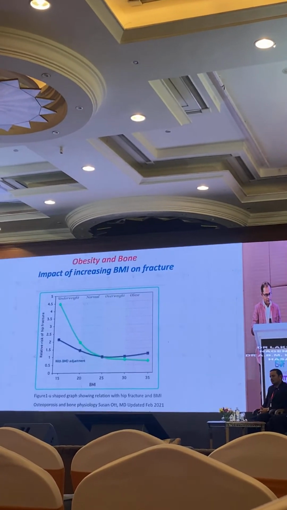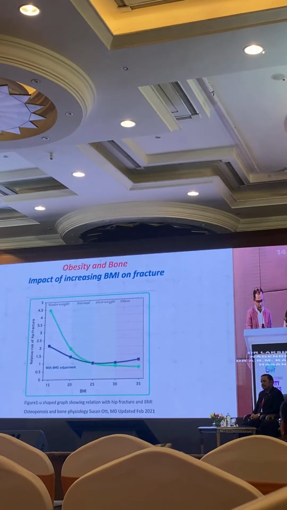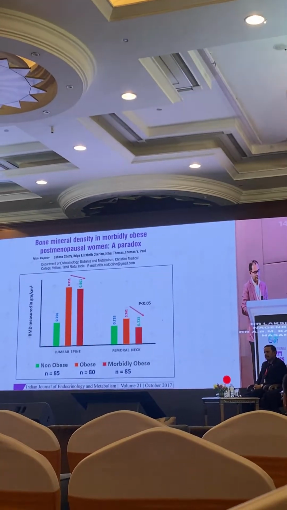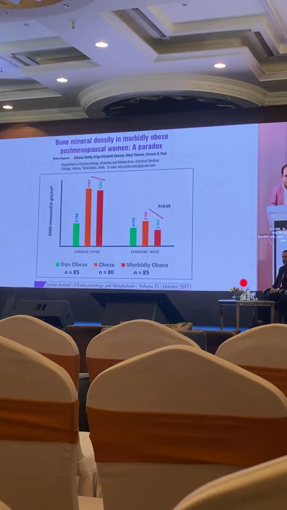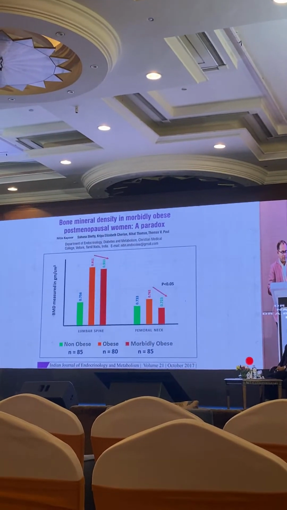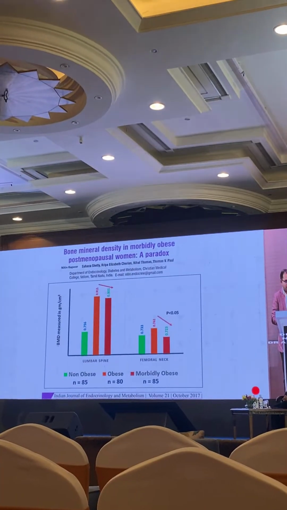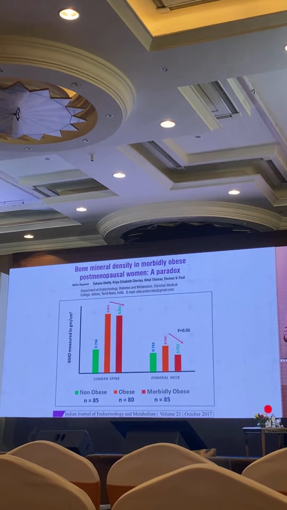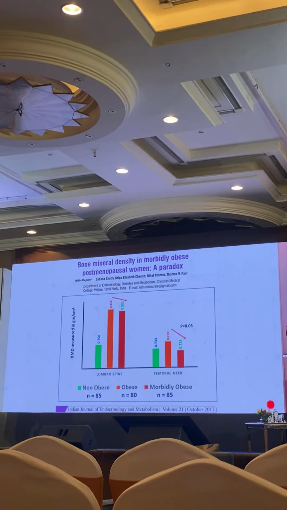And when we look at bone mineral density alone, you can see this across BMI categories. As BMI increases, you can see the orange graphs there show that BMD is also increasing. But as BMI increases to more than 35, the BMD is actually decreasing.